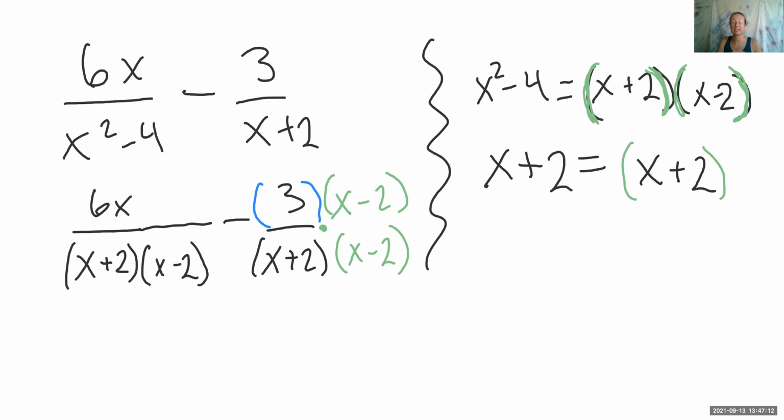Everything in that numerator is getting multiplied by everything in the x minus 2 that we're multiplying by, because essentially we're multiplying by a whole second fraction here. This whole thing in green is really just 1. So we're really just multiplying this section by this version of 1. Once we do that, we can rewrite our expression.